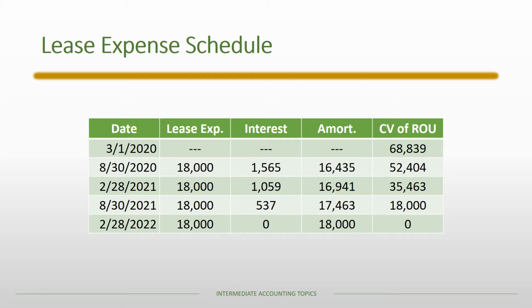And so in this way, basically we get an even lease expense over the life of the lease. We amortize the asset and we amortize the liability in a very similar fashion. You're going to see it's a little bit offset, but the idea is we're using that inferred interest that we calculated from the prior table in order to get the amortization of the right of use asset. And together that allows us to even out the lease expense over the life of the lease.